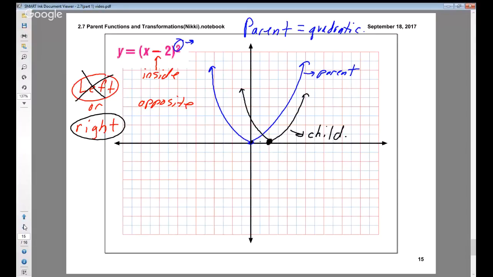Identify your parent function and graph it. And for your child function, if anything's being added or subtracted on the outside of the bracket or parentheses, I'm going to put a 3 there, that means you're going to go up or down.